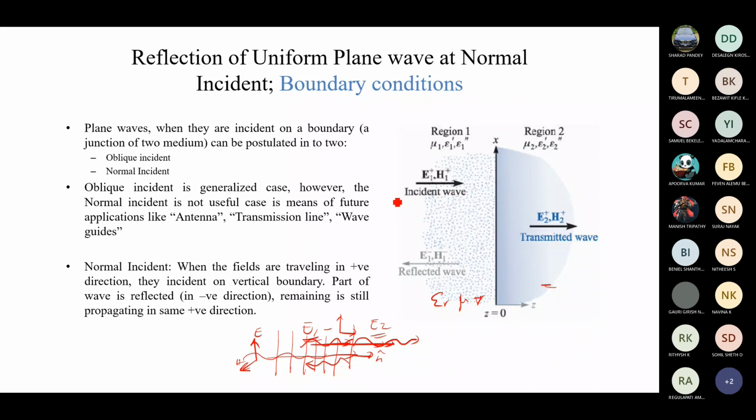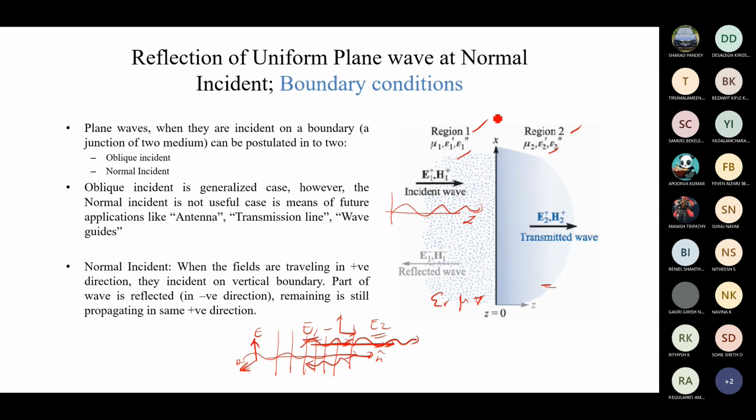We have the primary wave. The primary wave is going to travel along a particular direction. Let's say this is the z direction, and with respect to the z direction, we have a plane. The plane is going to divide the two media, region 1 and region 2, and they have their own quantities.